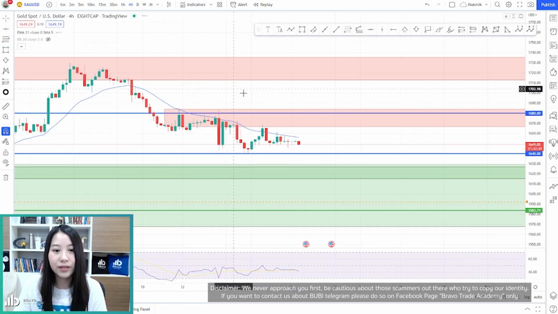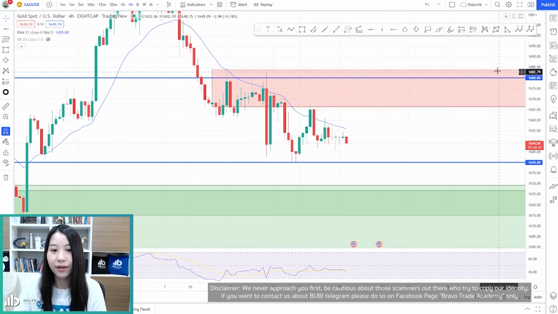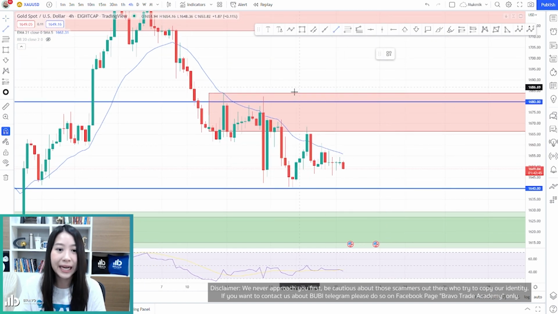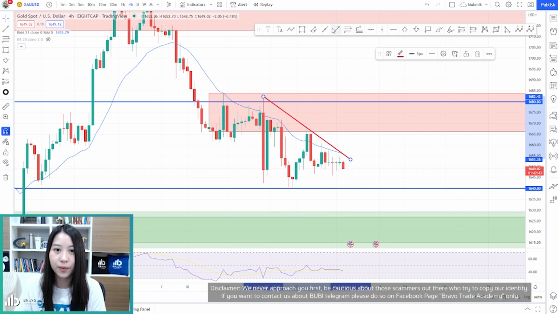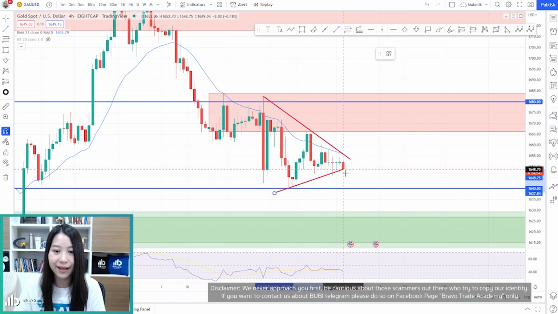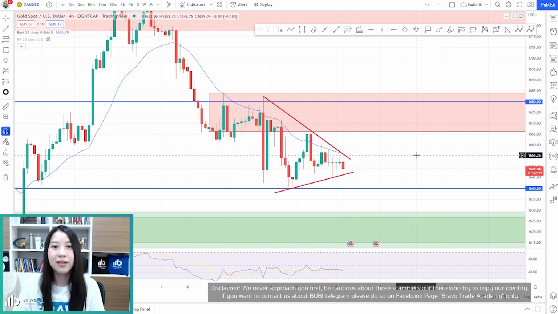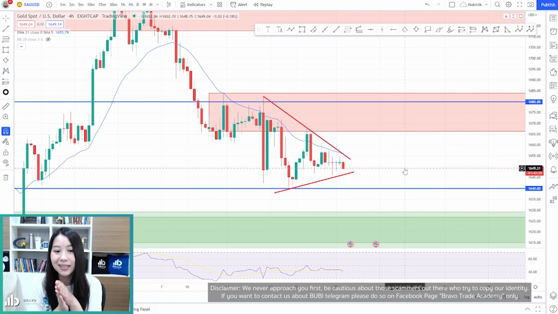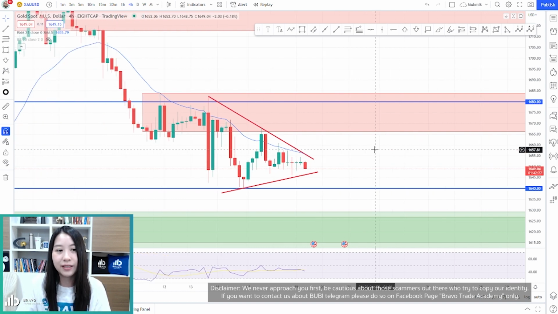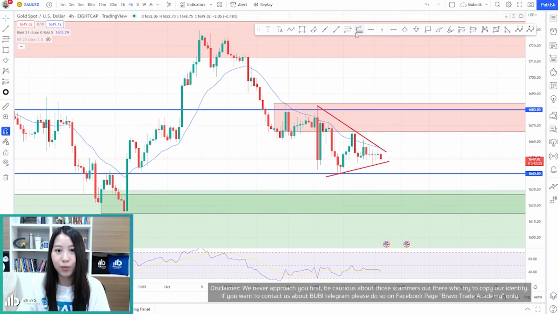So let's drop down to the 4 hour time frame. In the 4 hour time frame it's really confusing because the price is now forming this position, which is sideways with a very narrow price range at the moment. There's a chance that the price will continue to drop down.